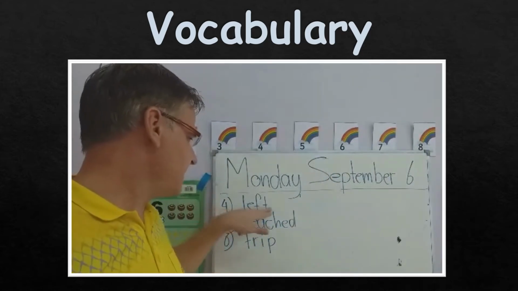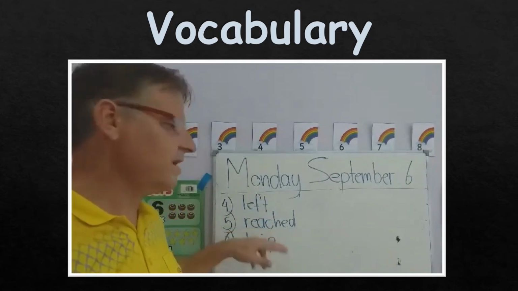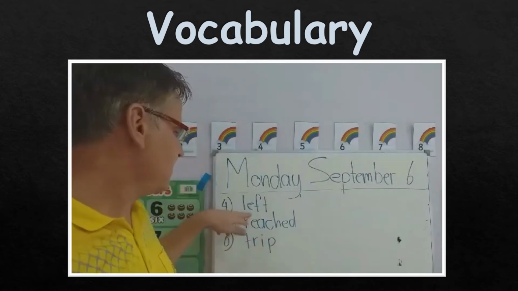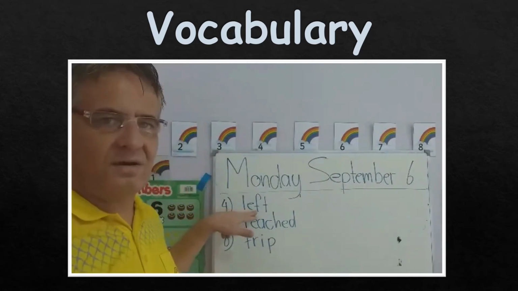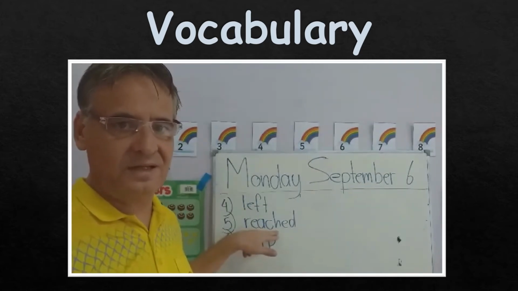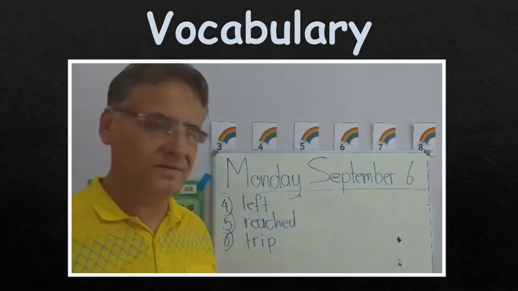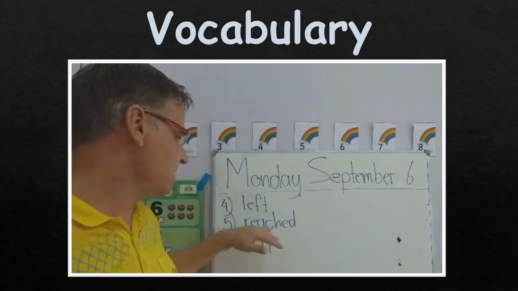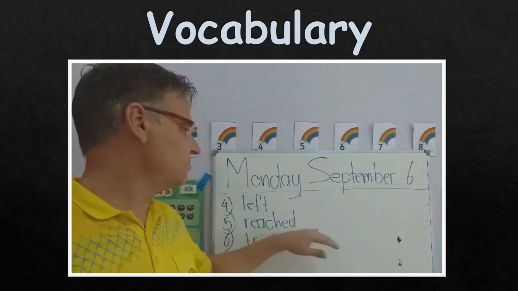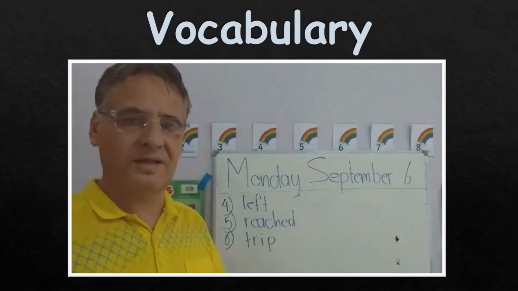I left my house at 8 o'clock and I arrived in school at 8:20. So you can also say I reached school at 8:20. Instead of arrived, you can also use reached. I left school at 4 o'clock and I reached home at 4:20.